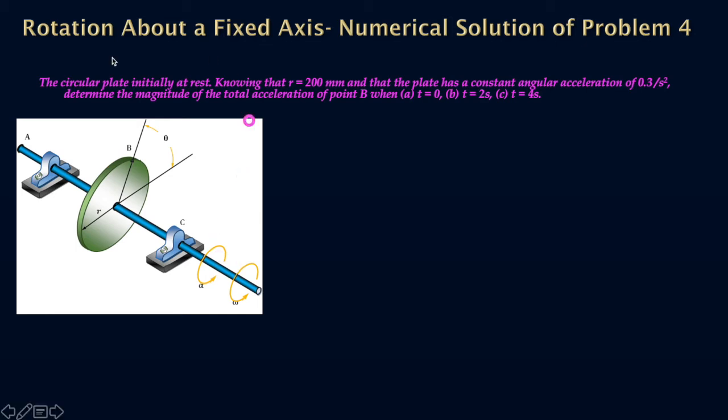Now, again we will note down the given parameters. Given parameter is omega 0 equals 0. Why are we writing this? Because initially at rest, as mentioned here, the circular plate was at rest, means initial velocity is 0.